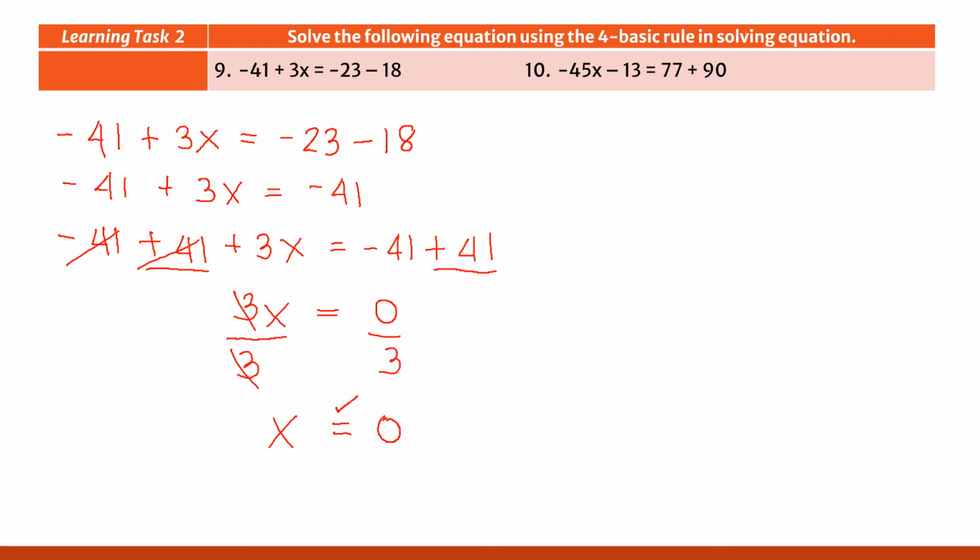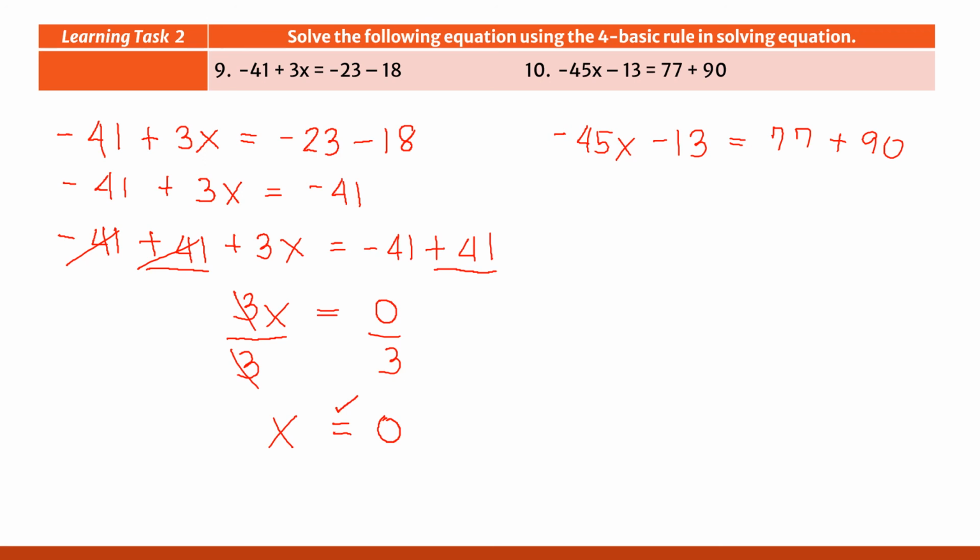Problem number 10. Negative 45x minus 13 is equal to 77 plus 90.